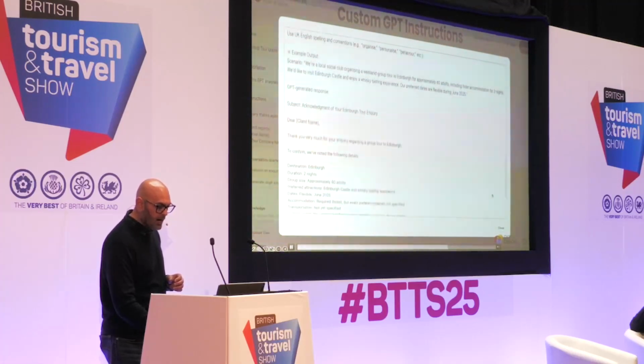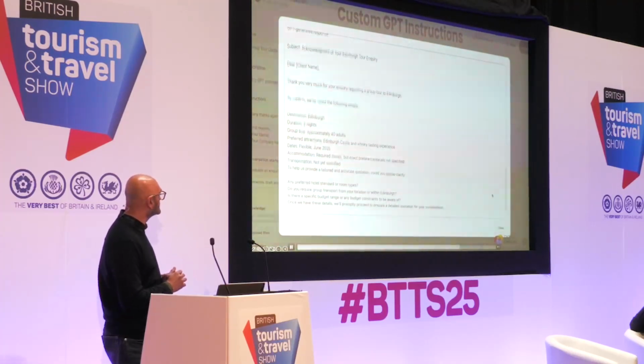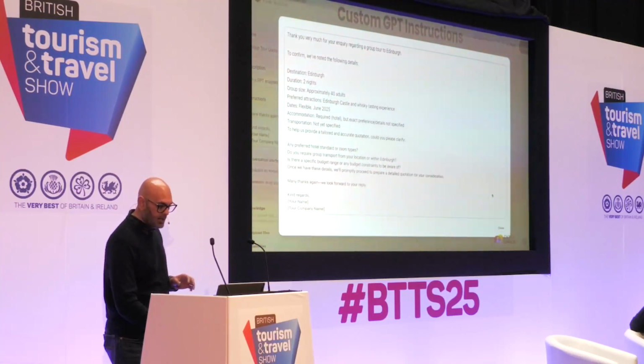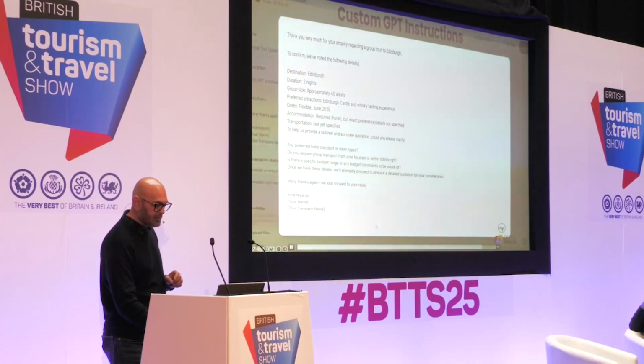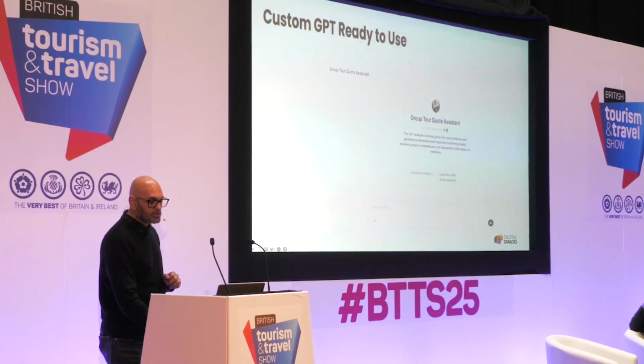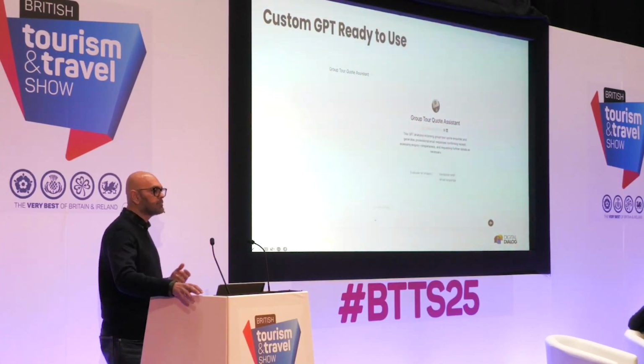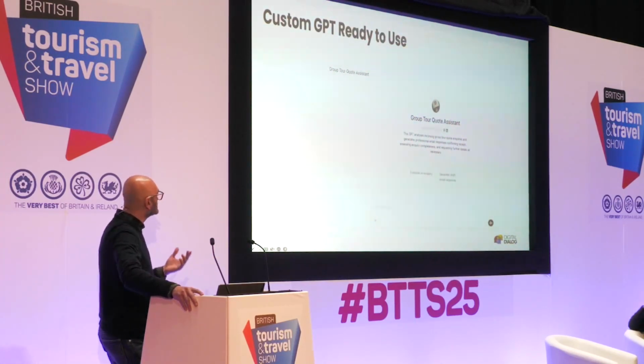So those are all the instructions that we're going to feed into ChatGPT's custom GPT. And moving on to the next slide. So this is what it looks like when you finish creating a custom GPT.